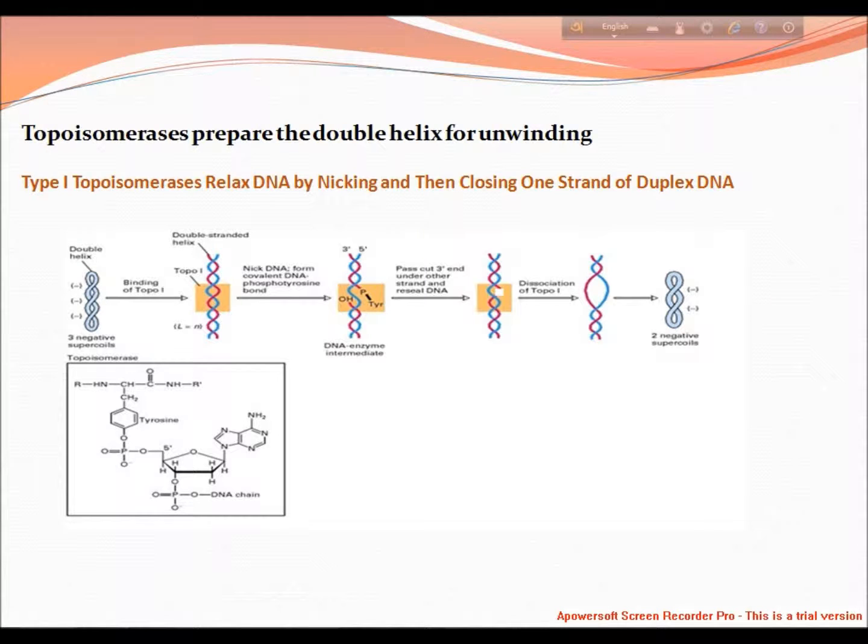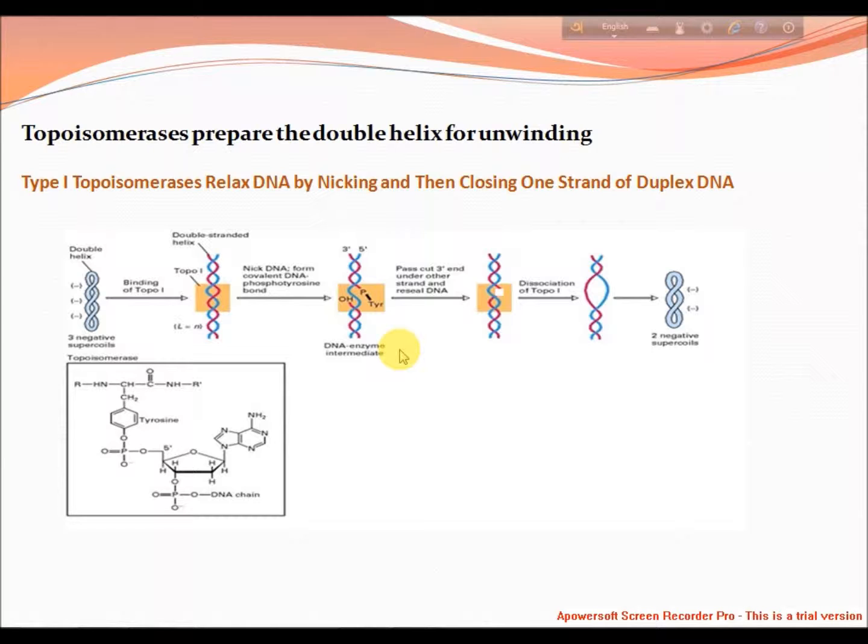It cuts one strand and releases a 5' hydroxyl group on the DNA. With the backbone of one strand cleaved, the DNA can now rotate around the remaining strand, its movement driven by the release of energy stored because of the supercoiling.